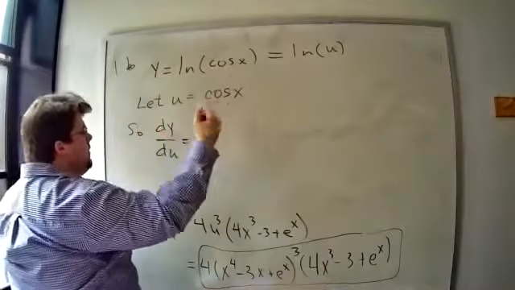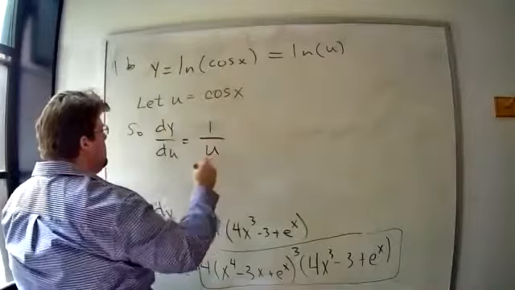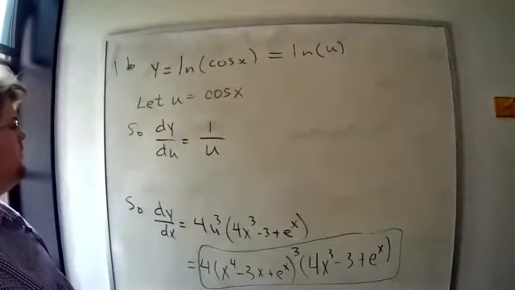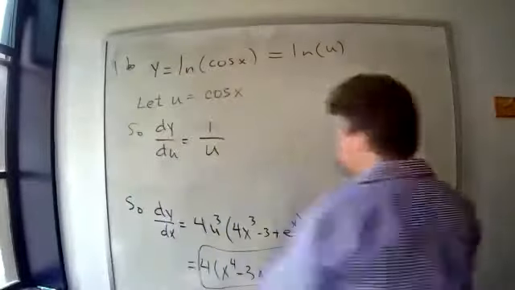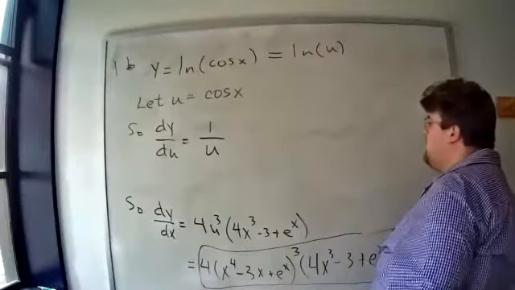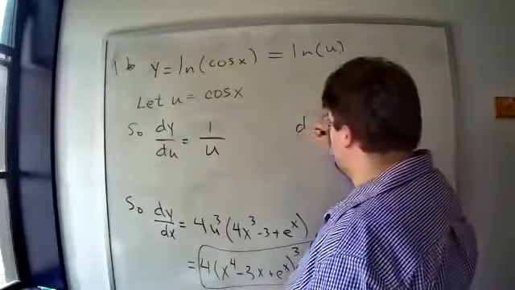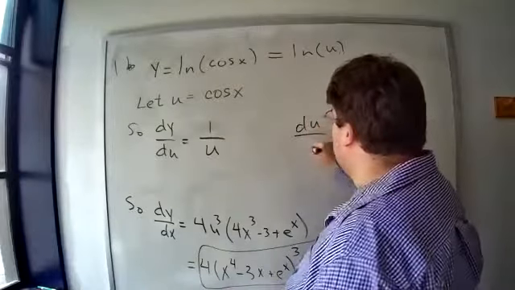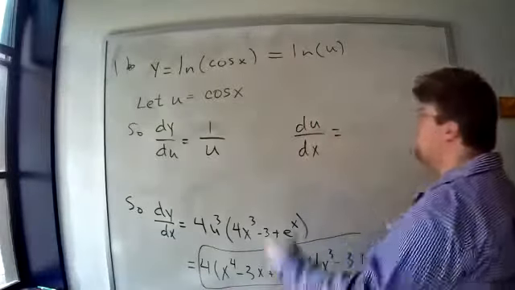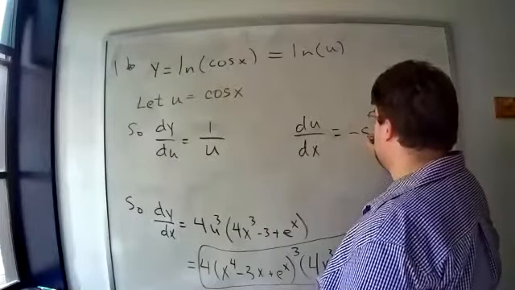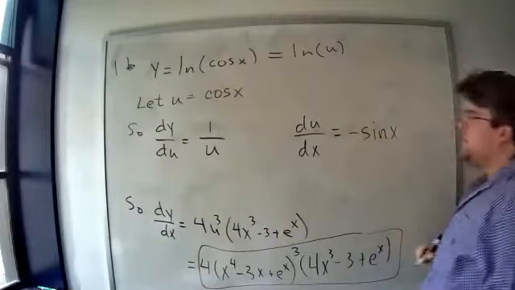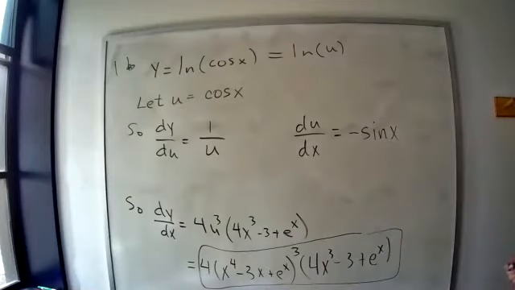So dy/du, derivative of log u with respect to u, is 1 over u. This is rule 8 in the document derivative rules. du/dx, well, derivative of cosine x is on page 3 of our derivative rules. Derivative of cosine x is negative sine of x.